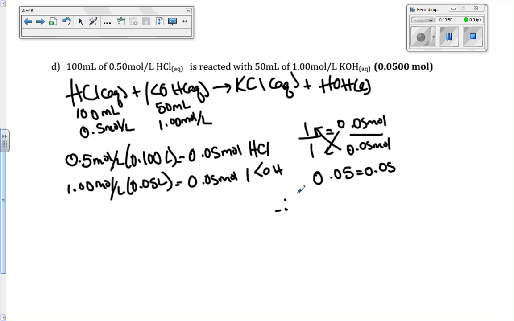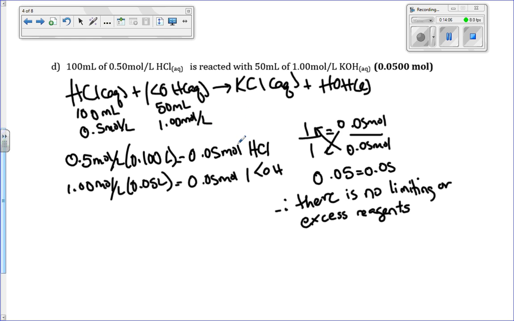So we just say that there is no limiting or excess reagents. Excuse me, hydrochloric acid and potassium hydroxide are going to be completely consumed in this example.